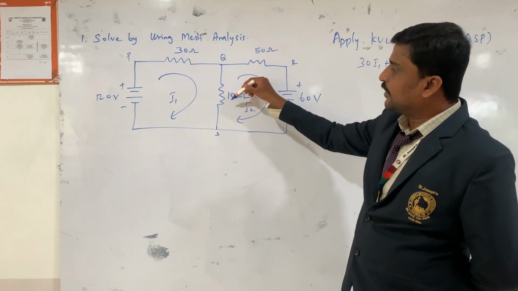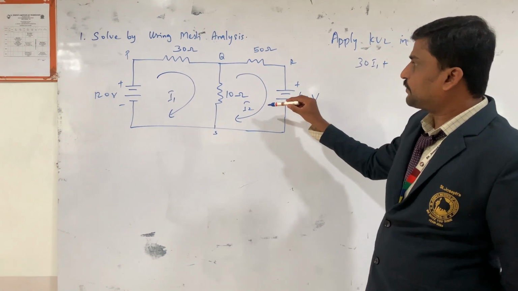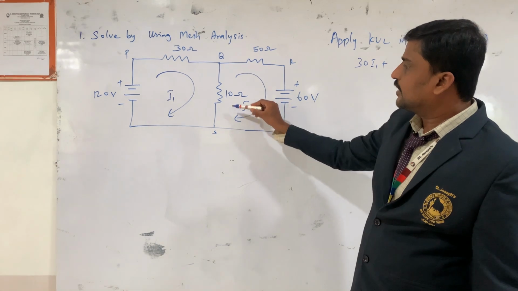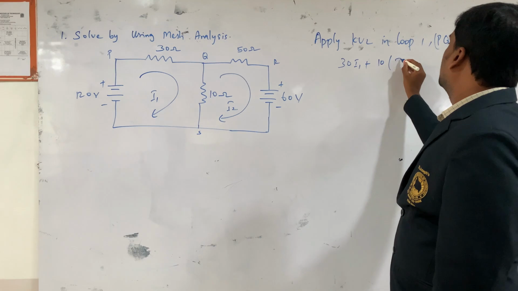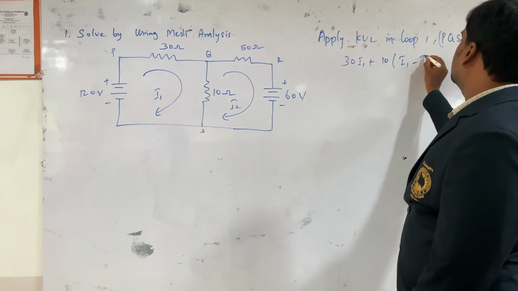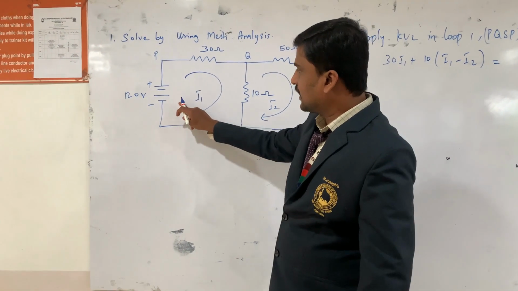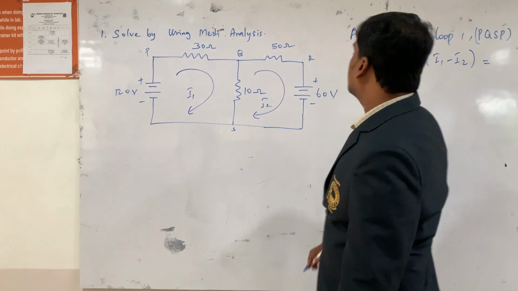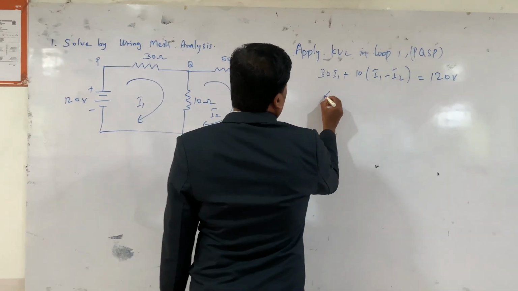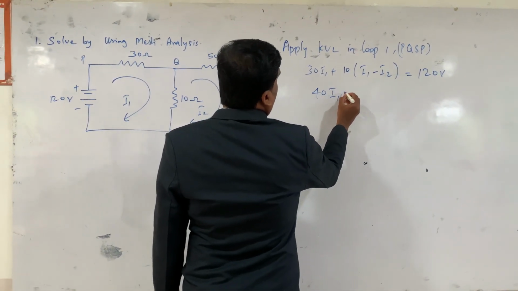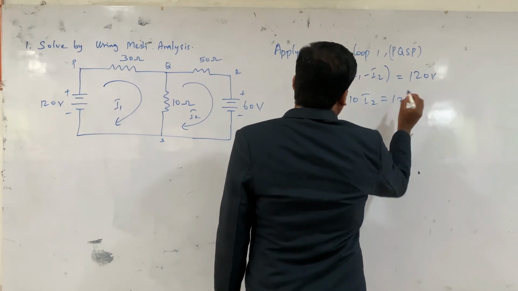Now in the 10 ohm, the current I1 flows in clockwise direction and I2 flows in anti-clockwise direction. Therefore it is 10 into I1 minus I2, which is equal to the voltage source. Here the current leads to the positive terminal, so we take it as 120 volt. Here the equation is written as 40 I1 minus 10 I2 is equal to 120.